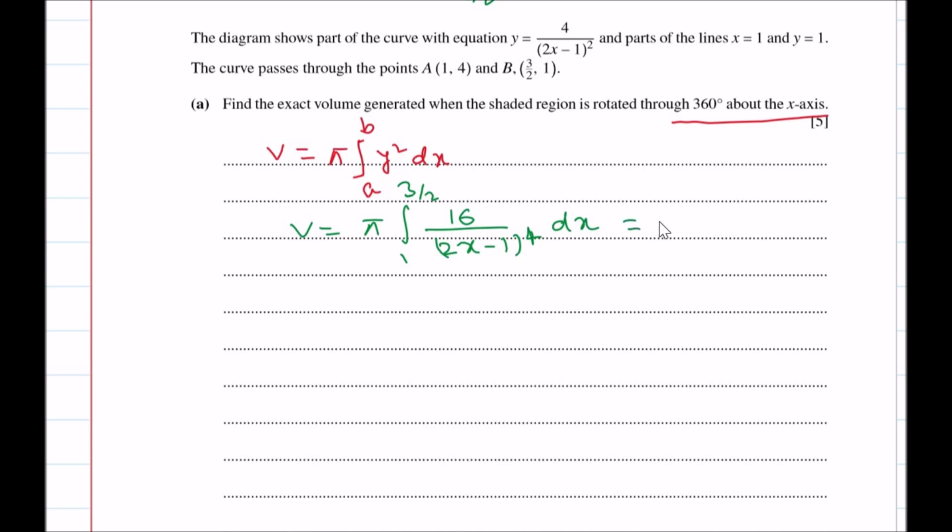This also can be written as pi integral from 1 to 3 by 2 of 16 times 2x minus 1 to the power minus 4 dx.